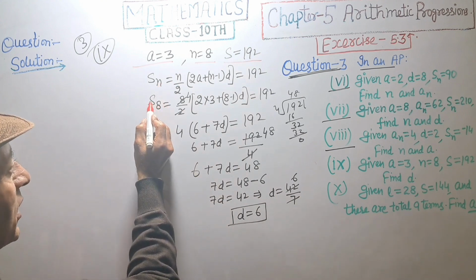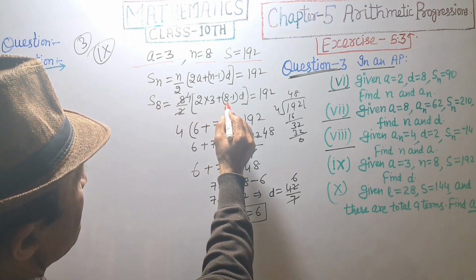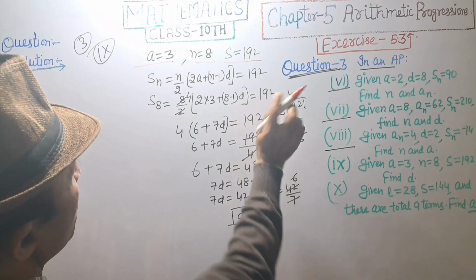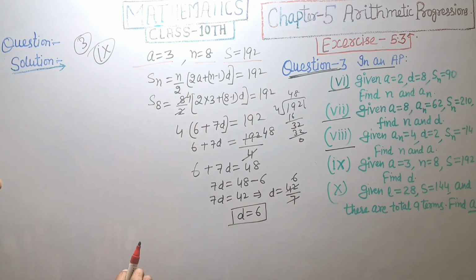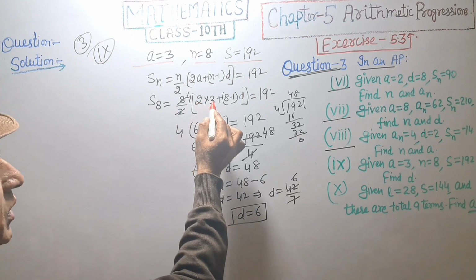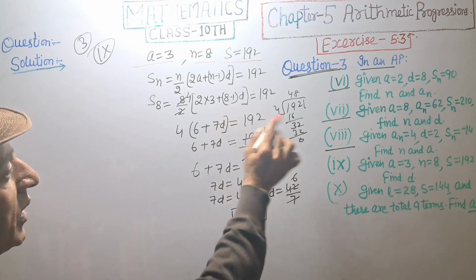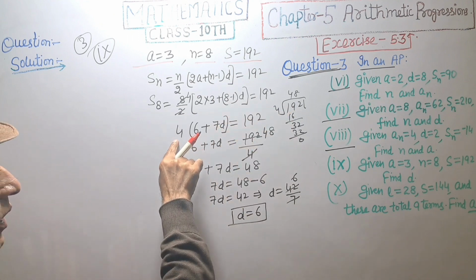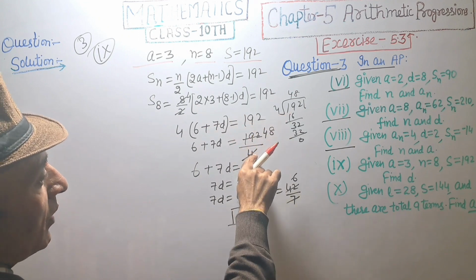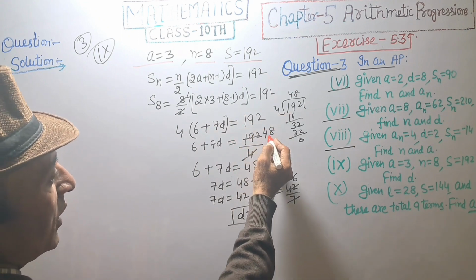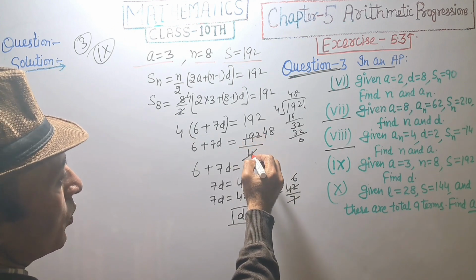But n is 8, so S8 is equal to 8 upon 2, 2a plus 8 minus 1 into d, equal to 192. 8 divided by 2 is 4. 4 into 3 2s are 6 plus 8 minus 1, that is 7d, equal to 192. On the left side, divide 192 by 4.